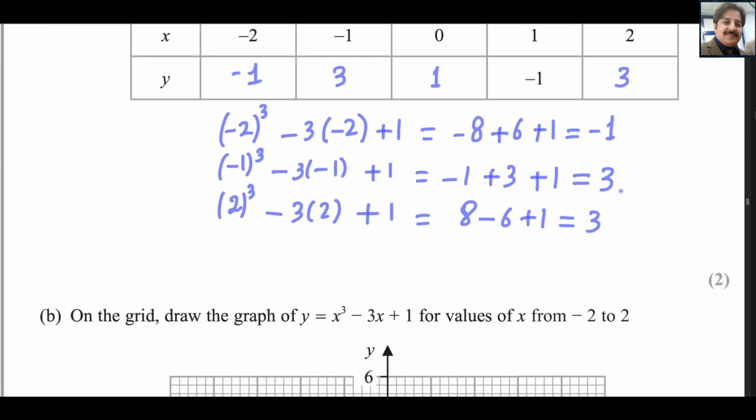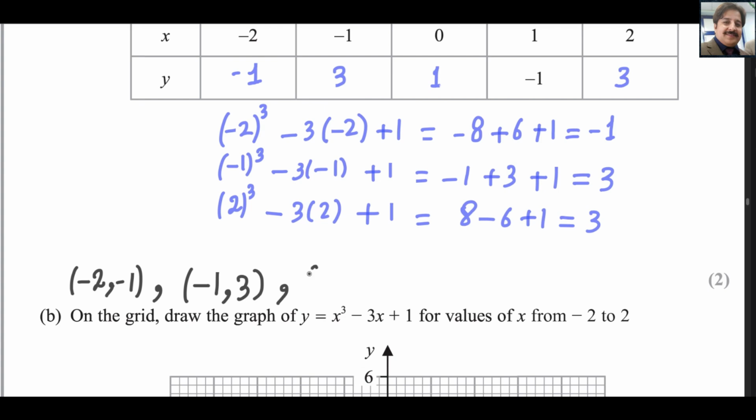Now for the next part, on the grid draw the graph from negative 2 to 2. Better you write these points here in order, to sketch the graph easily. First point is minus 2 and minus 1. Second point is negative 1 and 3.